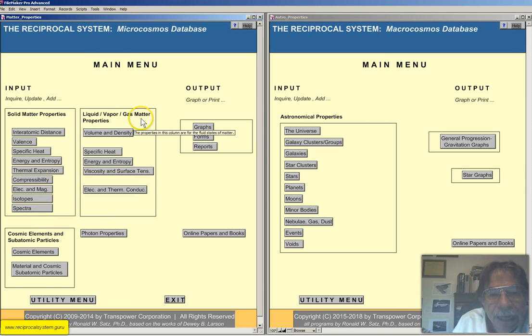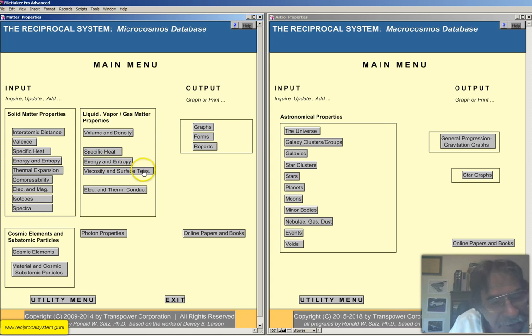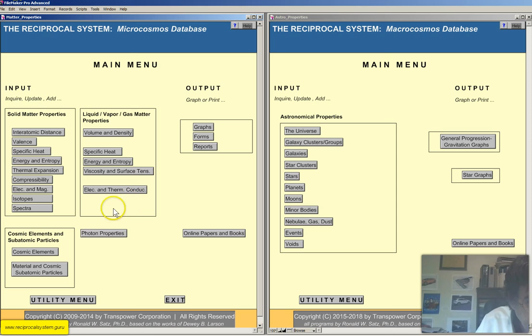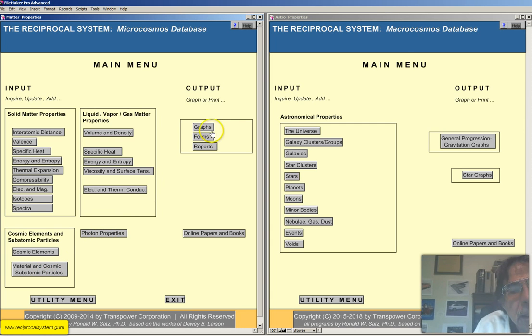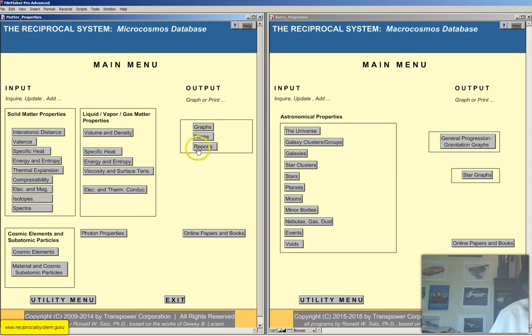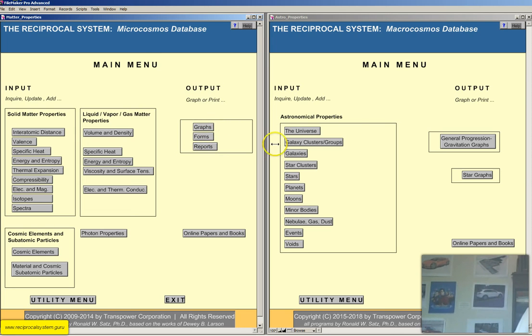It covers liquid vapor gas matter properties, volume and density, specific heat, energy and entropy, viscosity, and surface tension, which is what we covered today, electrical and thermal conductivity. Also covers cosmic elements and subatomic particles, including material and cosmic subatomic particles, and of course, photon properties. And it includes a great graphing package.